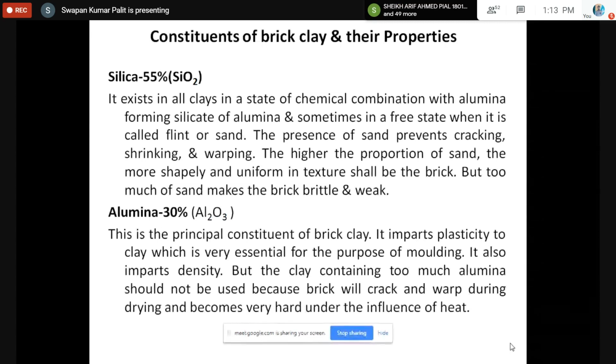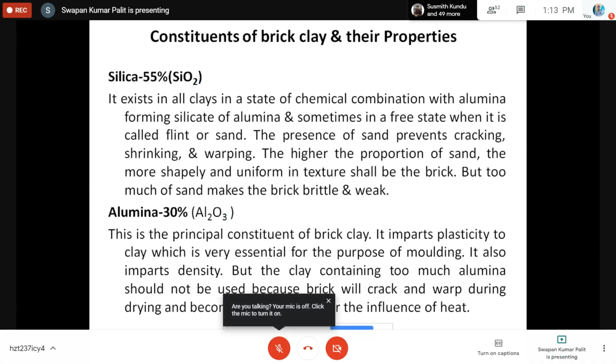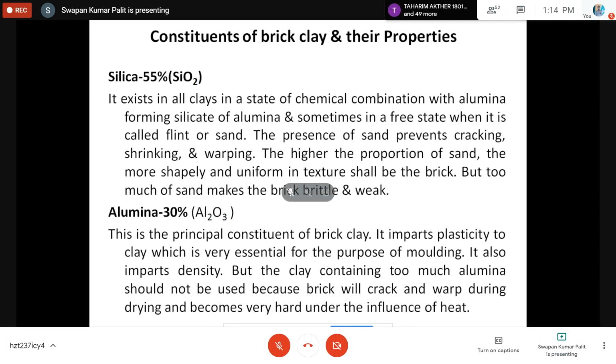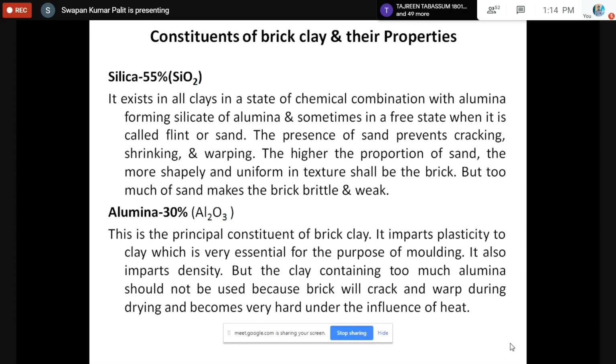In brick clay, silica should be 55%. Alumina should be 30%. And what are the effects? You can see on the screen. These are taken from engineering materials of Aziz. So you can go through that book. This is the main book for brick.